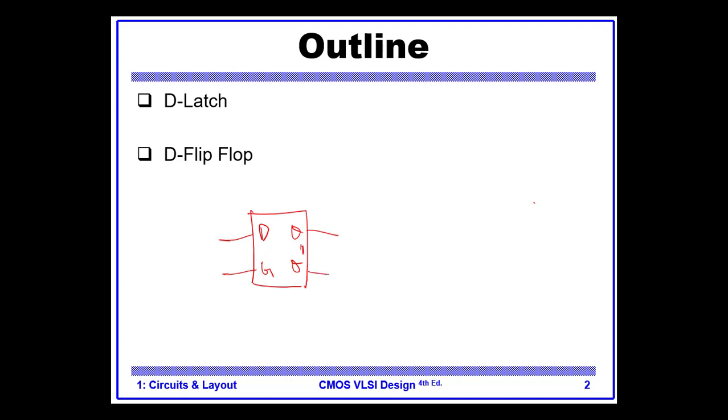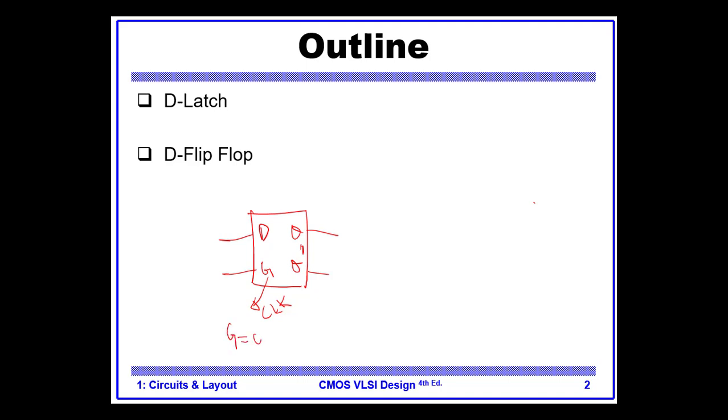This G is sometimes also called clock, although it should be called gate, but in this book they also call it clock. So let's say it can be gate or clock. So the behavior is like that.